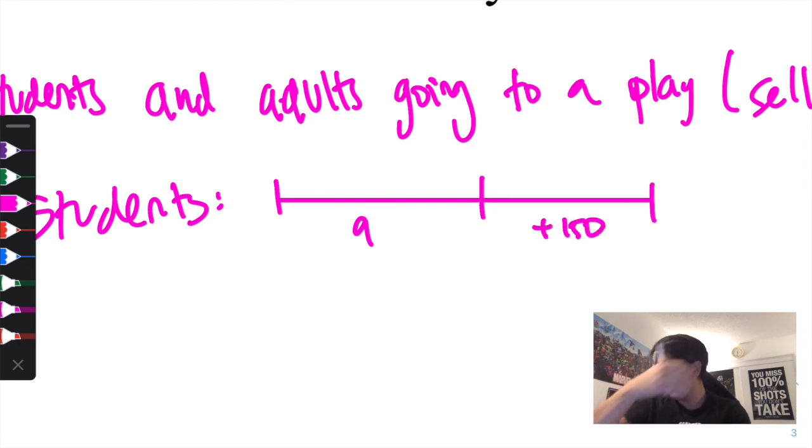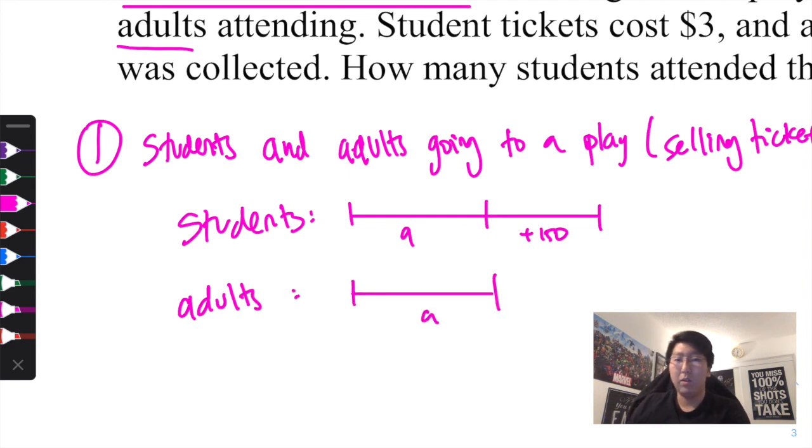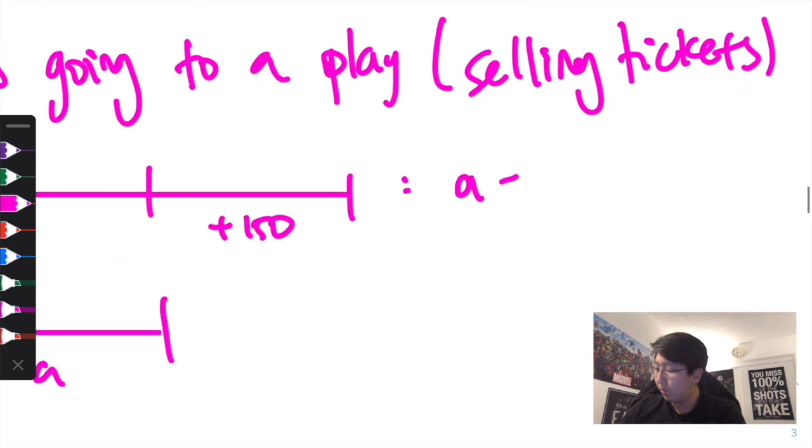So that's the students, and the adults, we just have adults. We're going to introduce it. If we don't, it's never introduced. Another way to say students is adults plus 150. And the number of adults is A.